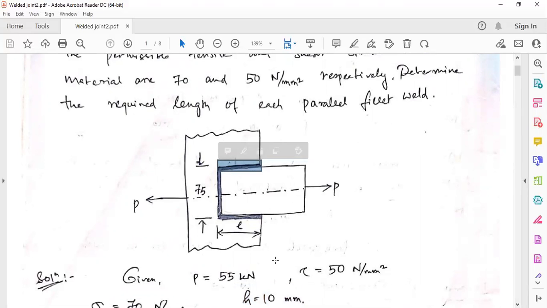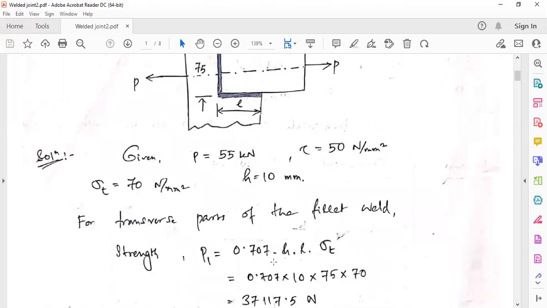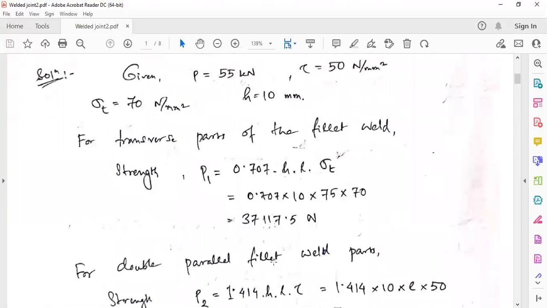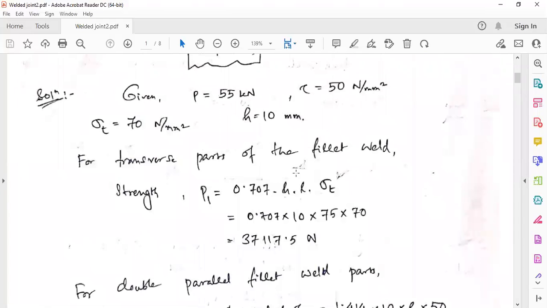Normally, in some cases, they are equal. But in case of this transverse and parallel fillet weld, we will take the thickness as 0.707 of h. So this is the thickness actually.